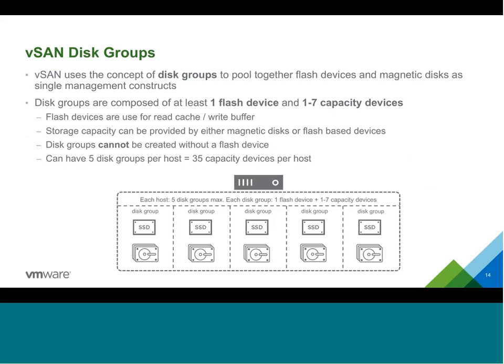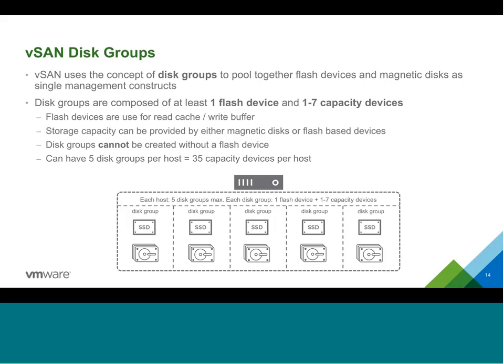Next comes the disk groups. In a particular host, I can have multiple disk groups. A disk group is a collection of disks, right? So in a single host, I can have at most 5 disk groups, and 1 to 7 capacity disks, or HDDs, per disk group.